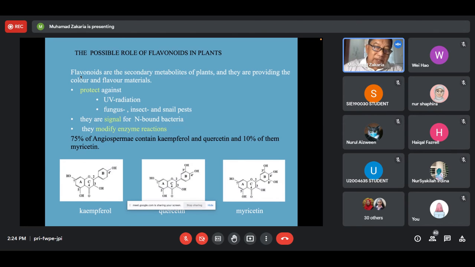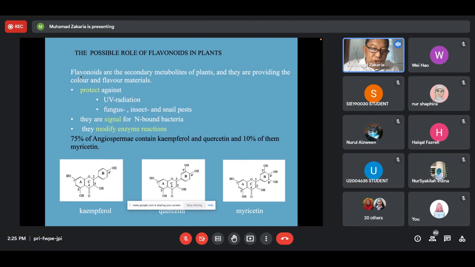If the plant is not protected, the plant can die, okay, of the UV radiation. So the function of the colored substance is to absorb this UV radiation. Second, to protect from fungus and protect from insects and snails or other pests. They are signals for endobound bacteria. They modify enzyme reactions. So these are some other activities of flavonoid.